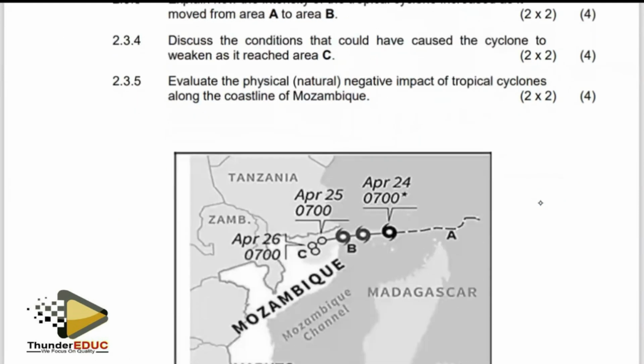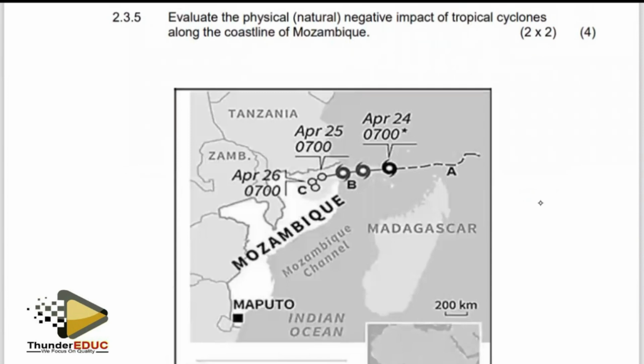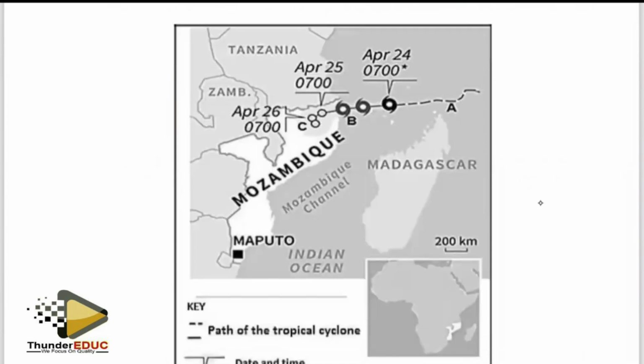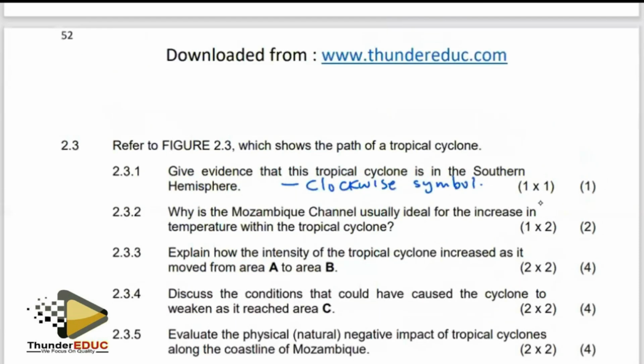Clockwise symbol, and as well countries found in the southern hemisphere.